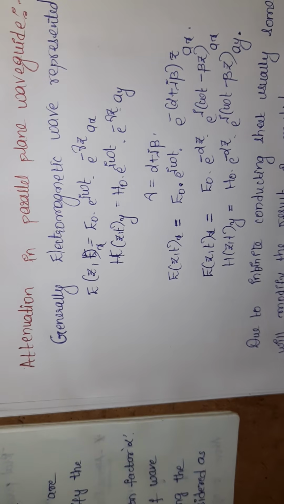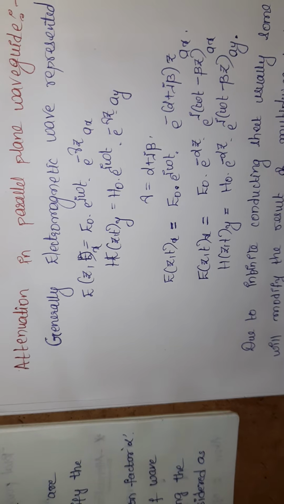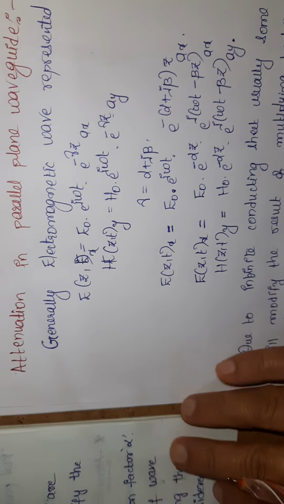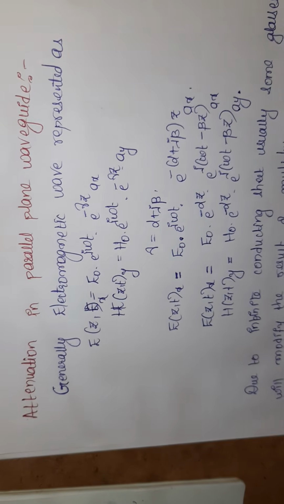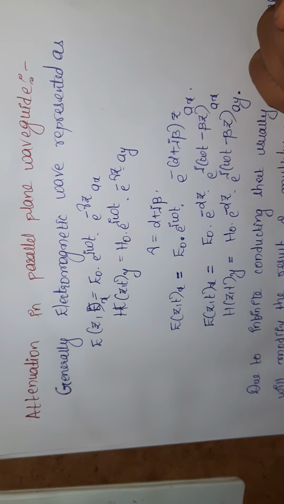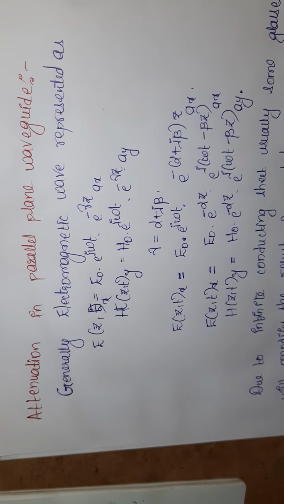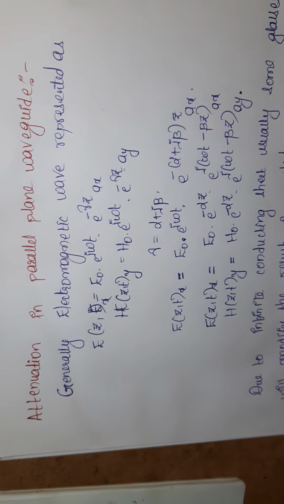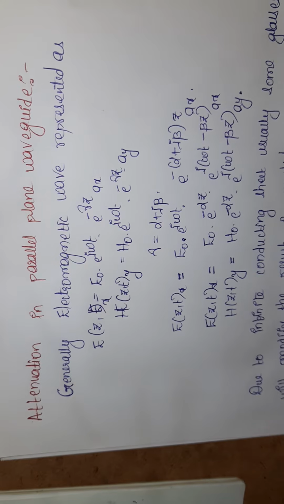Now I am going to talk about attenuation in parallel plane waveguides. So what is attenuation? How does attenuation exist in parallel plane waveguides? Whatever waveguide or transmission line we consider, attenuation will definitely come into the picture.